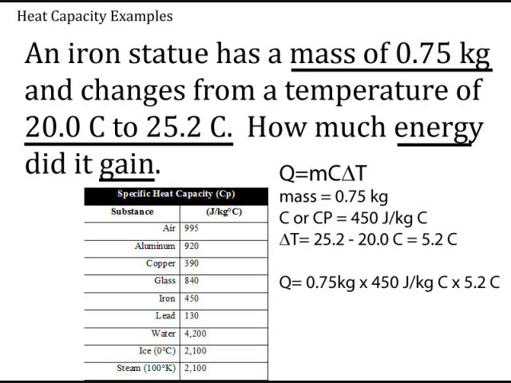The change in the temperature is equal to the final temperature minus the initial temperature. You can do this in one long formula, but I find this to be very helpful. So now we have Q equals 0.75 kilograms times 450 joules per kilogram Celsius times 5.2 degrees Celsius.